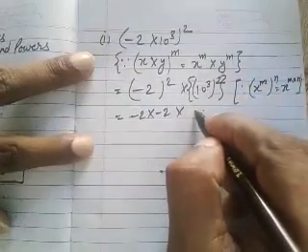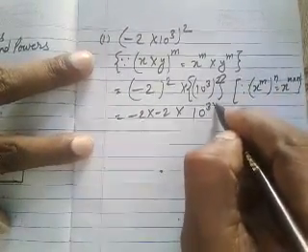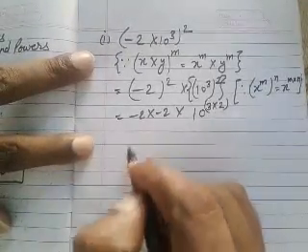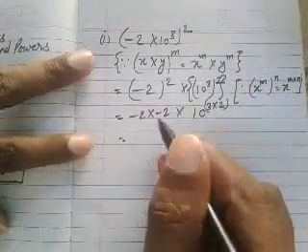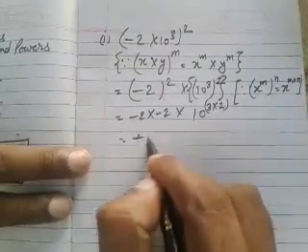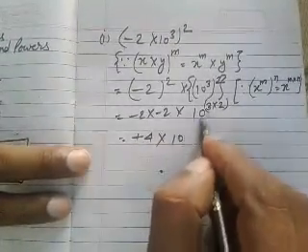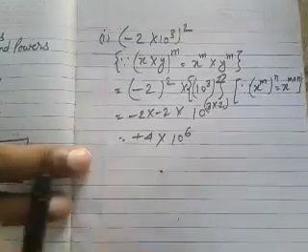So we can write 10 raised to the power 3 into 2 here. So minus 2 minus 2, this is plus 4, and this is 10 raised to the power 3 times 2, which is 6.